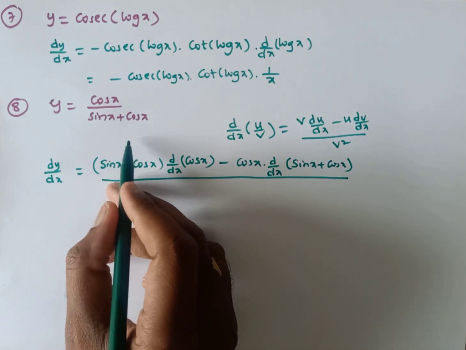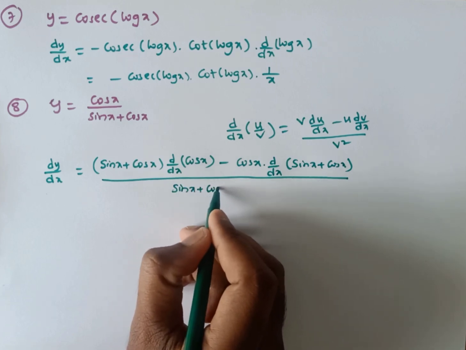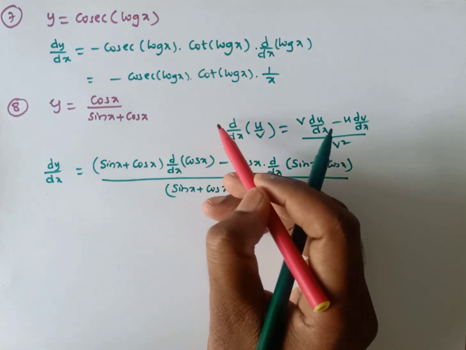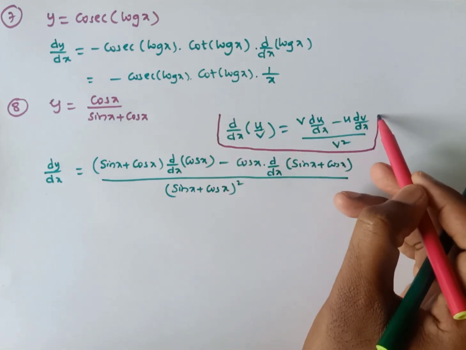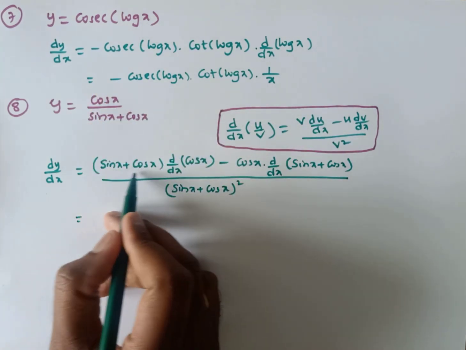V square means sin x plus cos x whole square. Okay, so here this is our formula. Is the same application చూడండి. u is numerator, v is denominator. Now apply the derivatives.